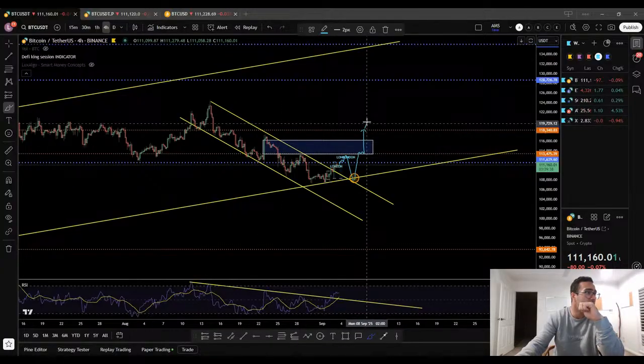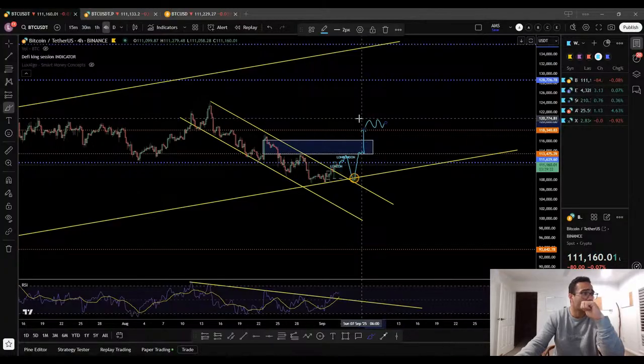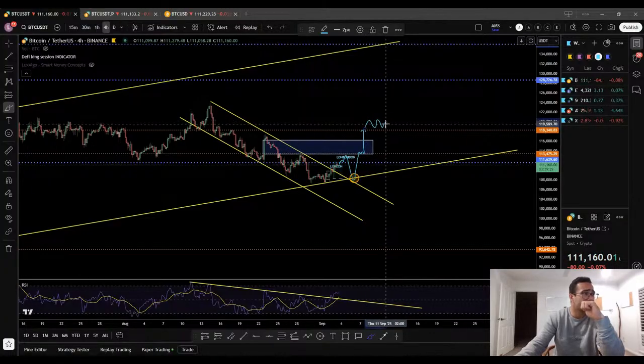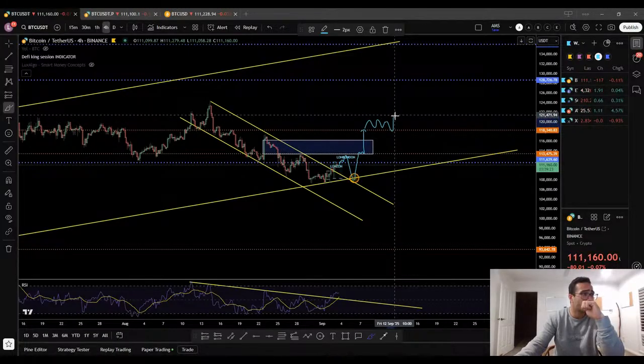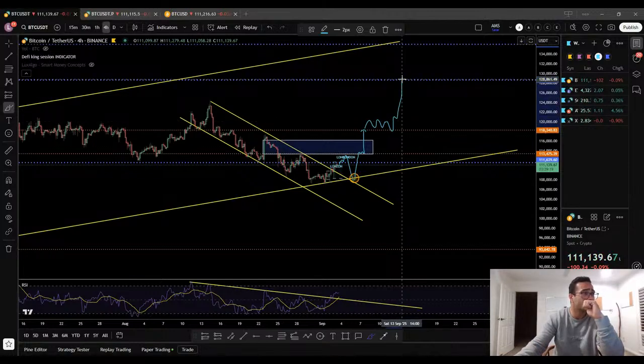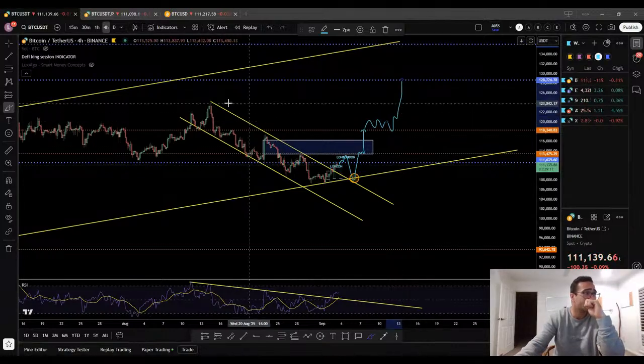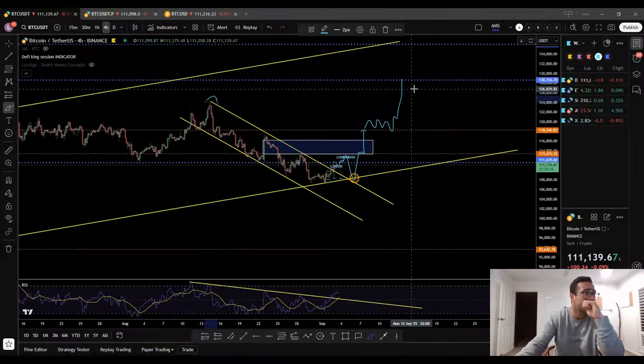We could potentially break out of this, form a bit of a bull flag, come under, and then go like that, break and retest the bull flag, and then pump to 128,000, which is taking out these highs over here.